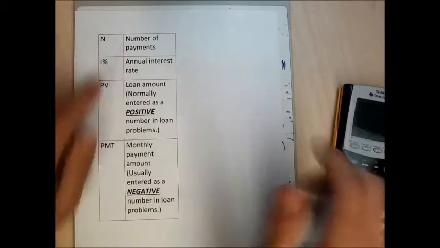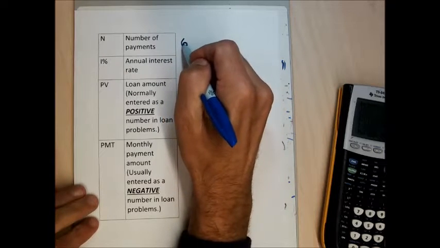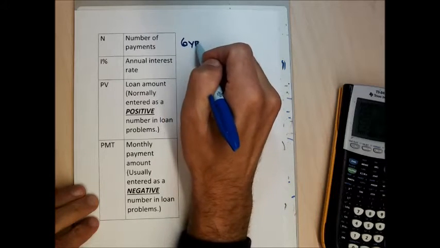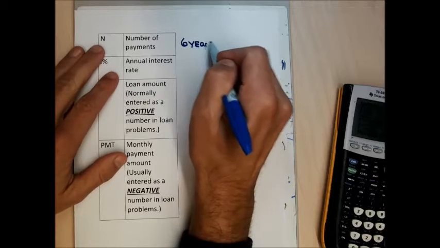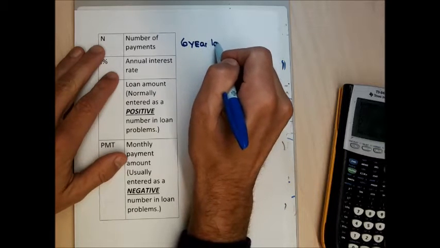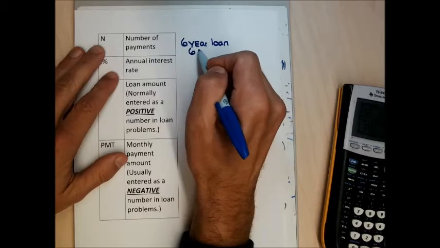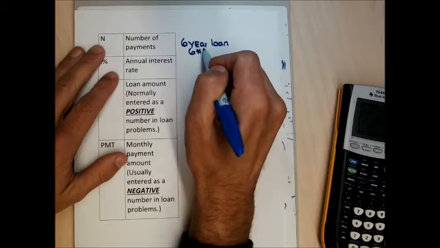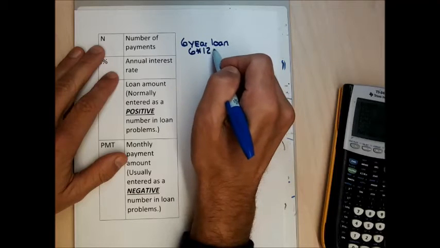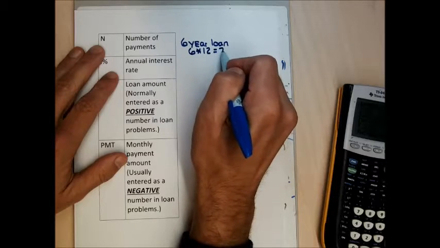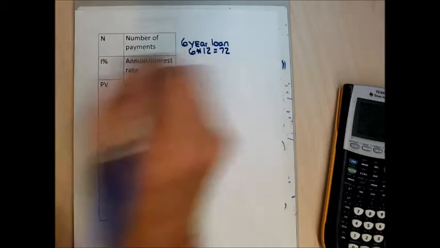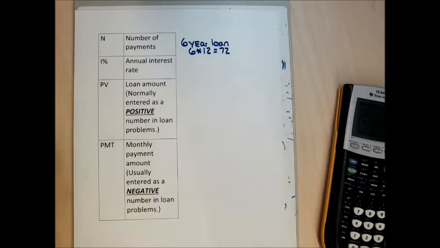For a 6-year car loan, which is a common term, the N wouldn't be 6 because you'd be making 12 payments a year for 6 years. N would be 72, because there are 72 months in 6 years.